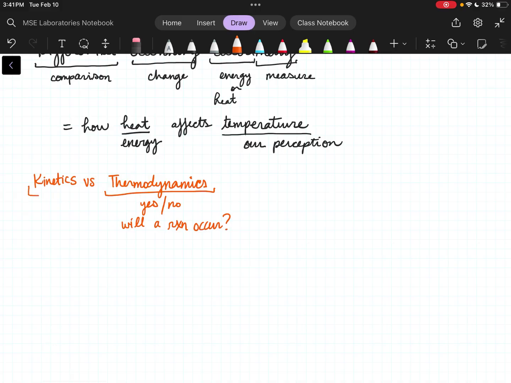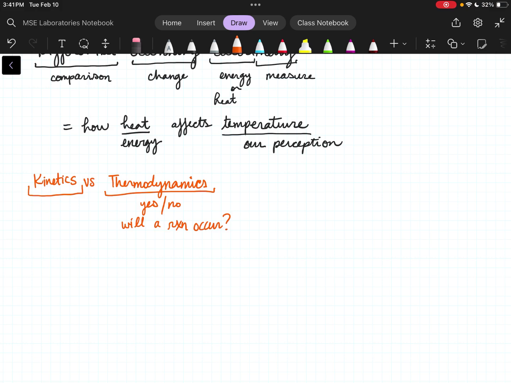Kinetics takes information related to thermodynamics and is going to tell us whether that favorability is actually going to happen. So kinetics has to do with time-related questions. Thermodynamics would say diamonds are unfavorable at atmospheric pressure.